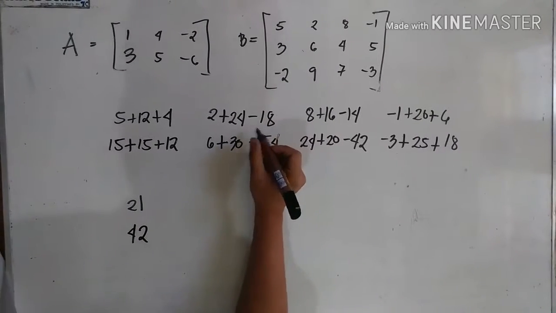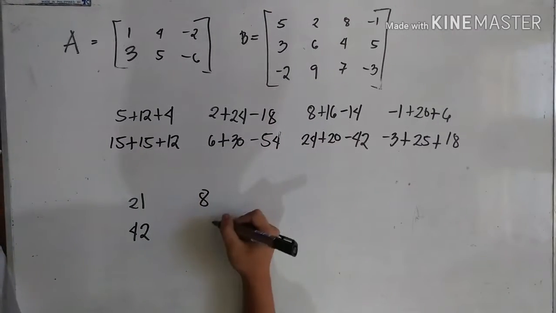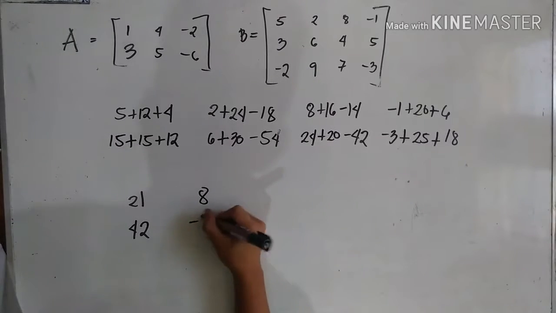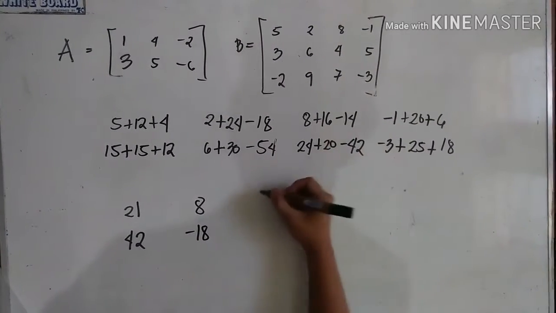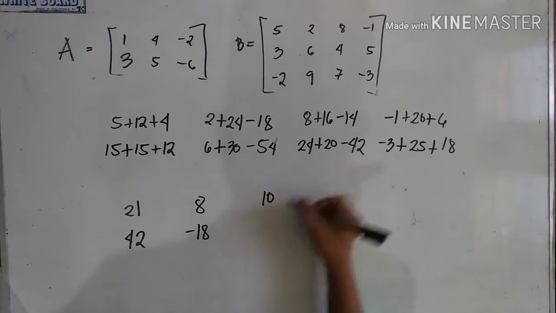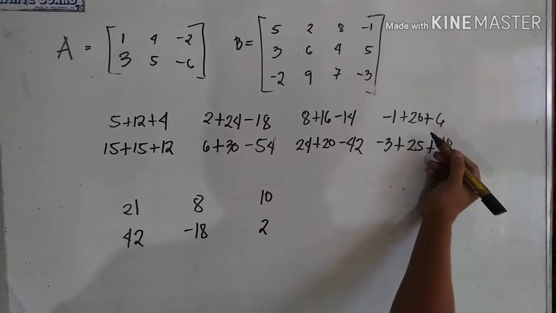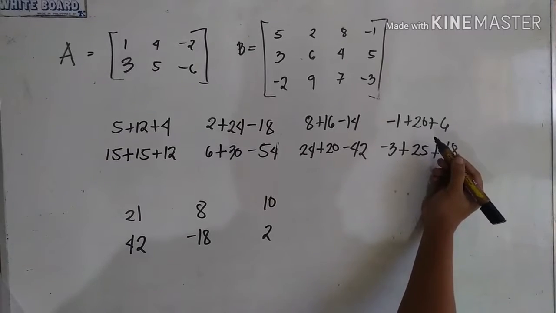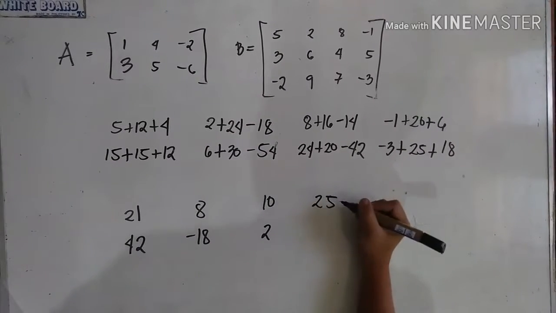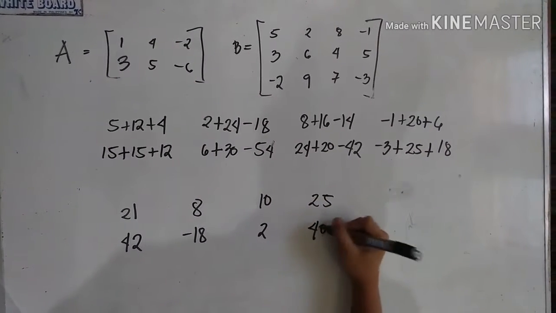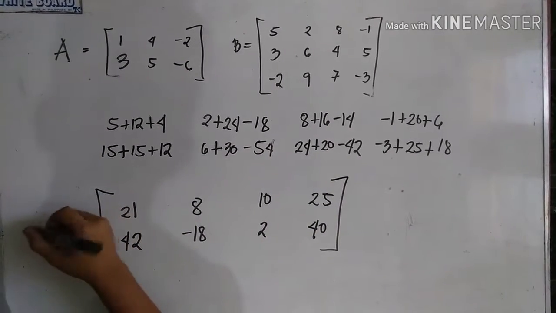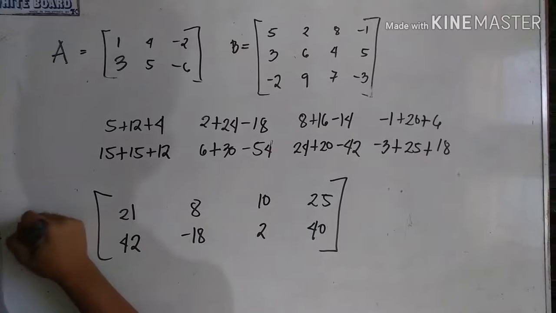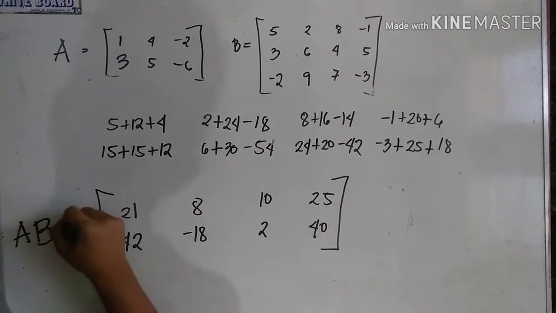Here we can get an answer of 8. Here we can get an answer of negative 18. And in here we have 10. Here we have 2. And in this one we have 25. And finally we have 40. So that is the final answer in finding A times B.